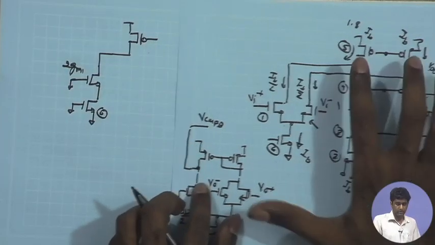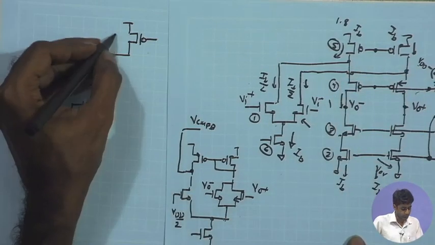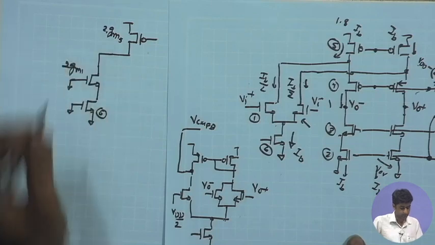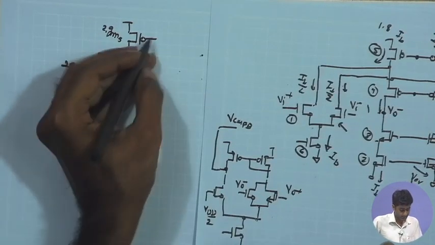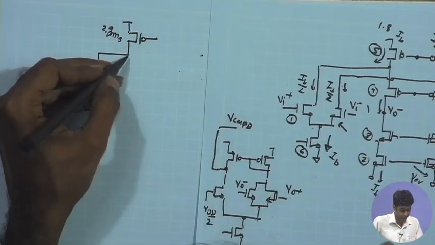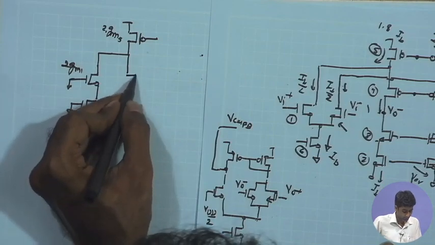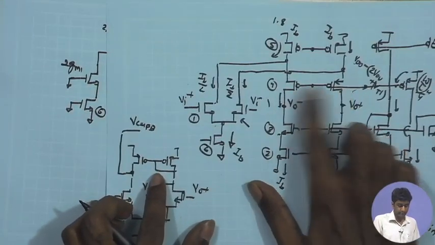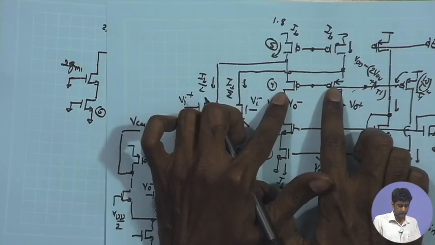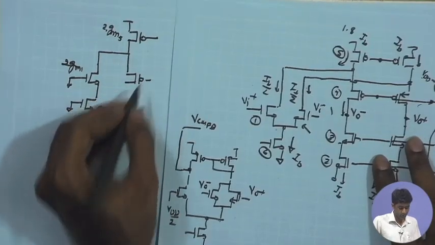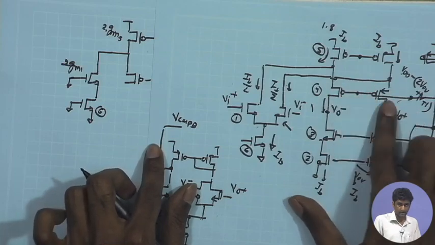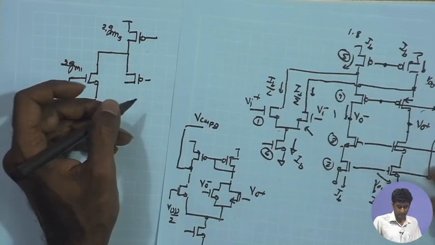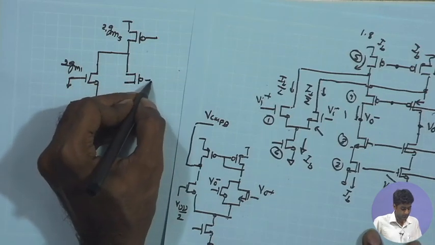On the other side you have the PMOS. Once again you are clubbing these two PMOS, so you are going to have 2 times GM5 coming over here, and the gate is supposed to receive the signal from the error amplifier. For M4, if I club the two M4s, the overall bias current gets doubled, and hence the RO of M4 is going to be RO by 2 of the individual M4.